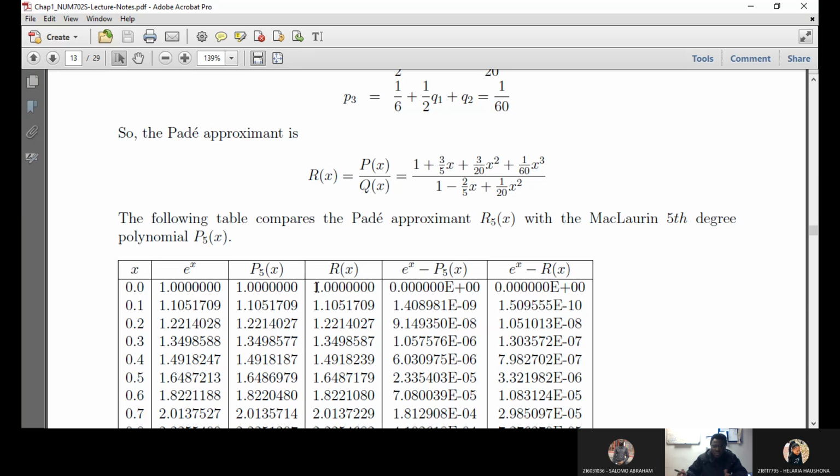Meaning, since we know that the degree of the numerator is n, not m, is n, let me write it aside.